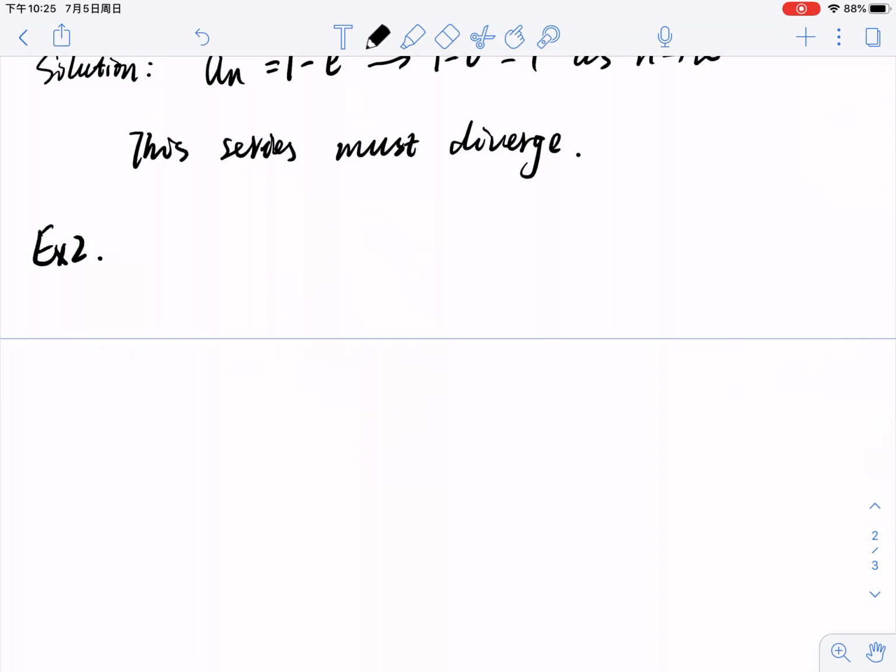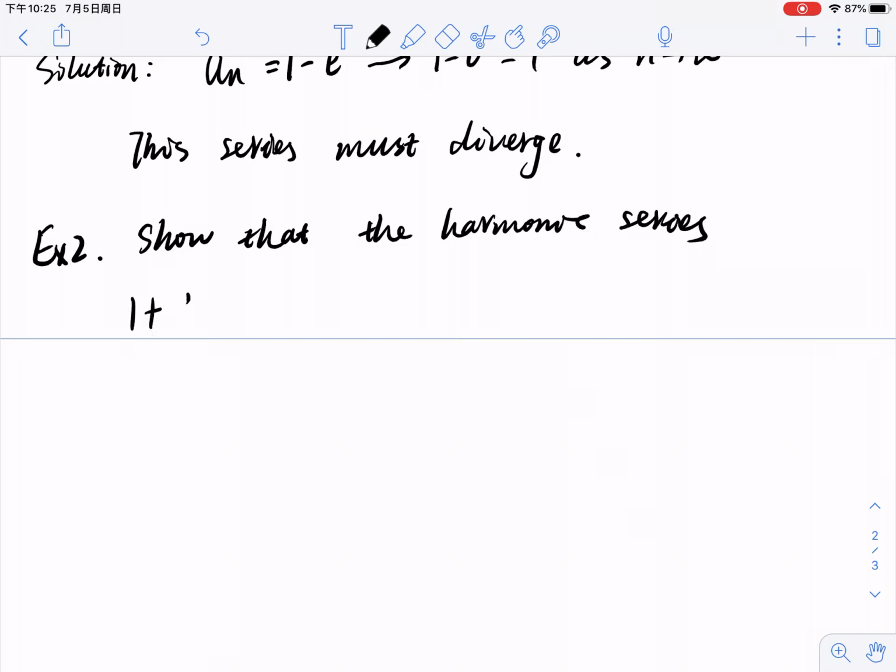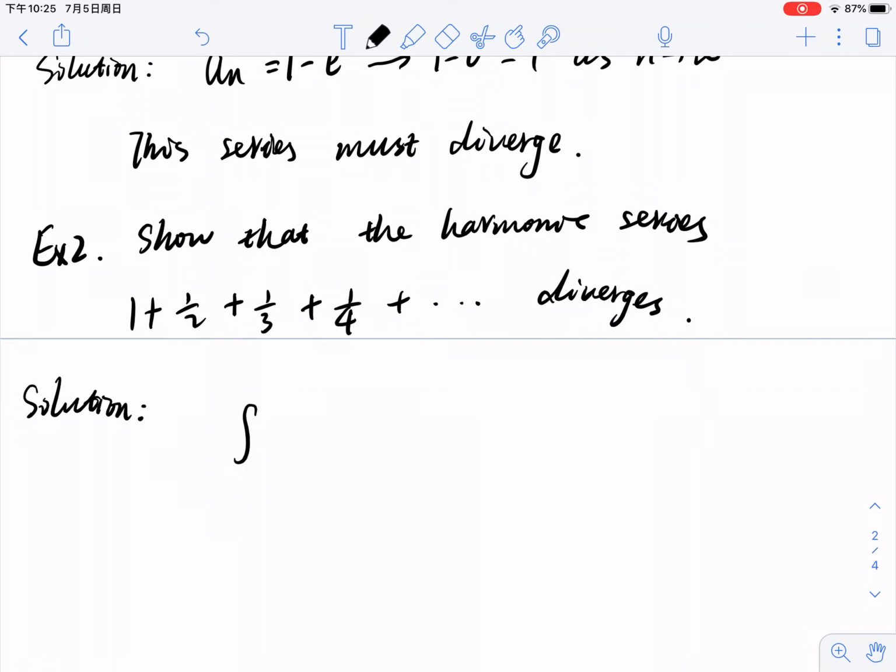Second example, show that the harmonic series, 1 plus 1/2 plus 1/3 plus 1/4 and so on, diverges. To show this, the idea is to approximate the infinite integral, the integral of 1 over x from 1 to infinity, by a left-hand sum.